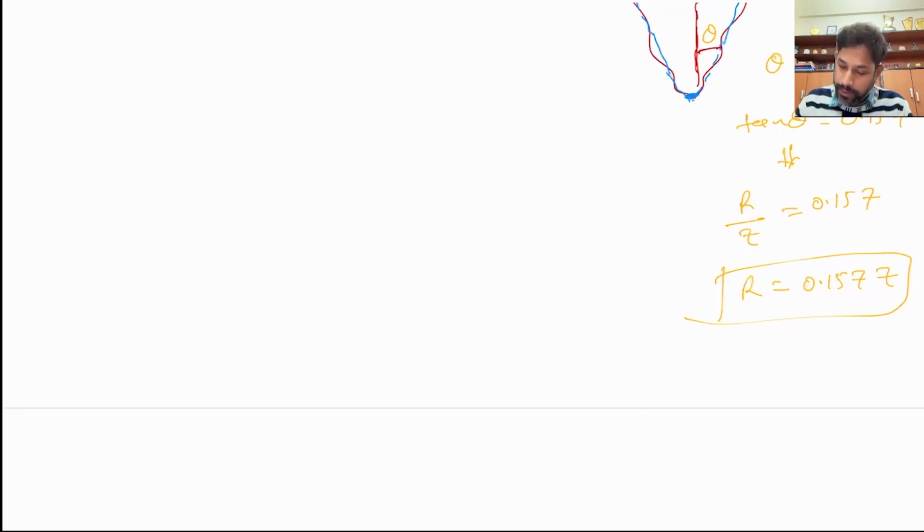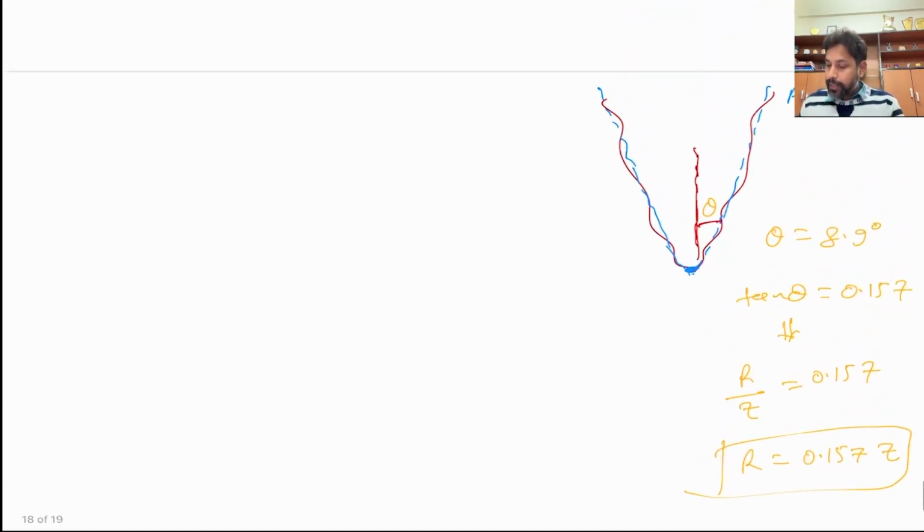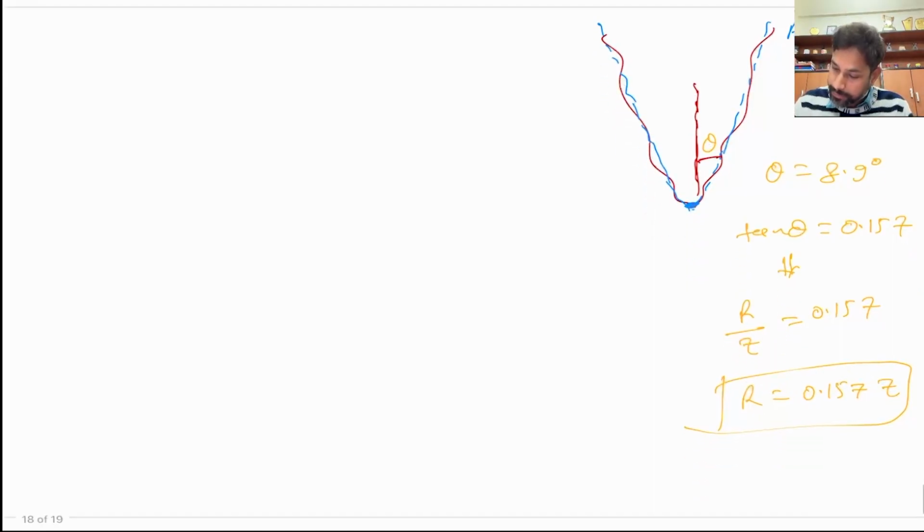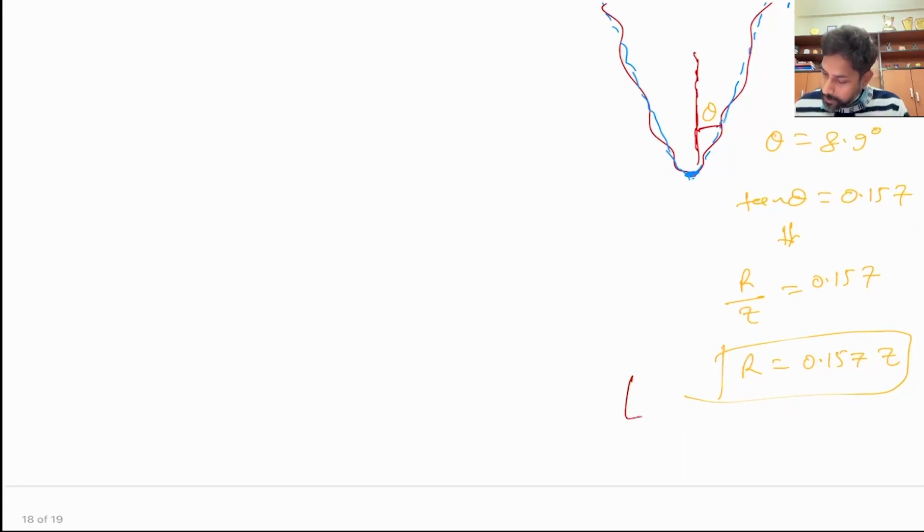Okay, where this is r and this is z. Okay, so r is increasing linearly with z, and this is found experimentally. What you see here are the experimental values.